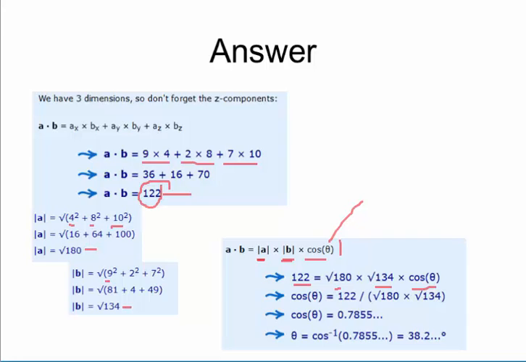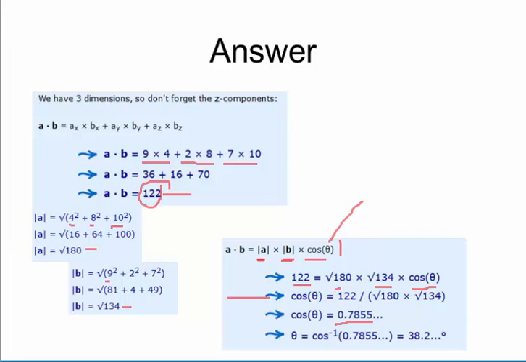So cosine of theta is equal to 122 divided by root 180 times root 134, which works out to be 0.7855. Lads, I'm not going to do this on a calculator. That's an absolute waste of time. You can check this later if you so wish. But essentially, theta is then the arc cosine of 0.7855.